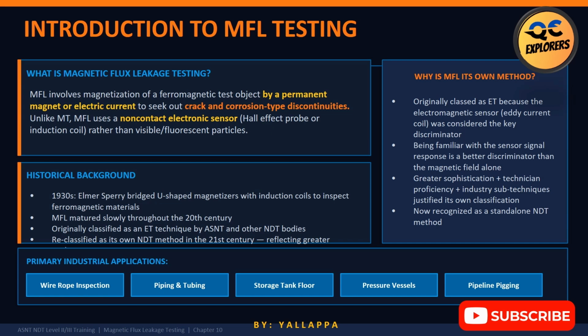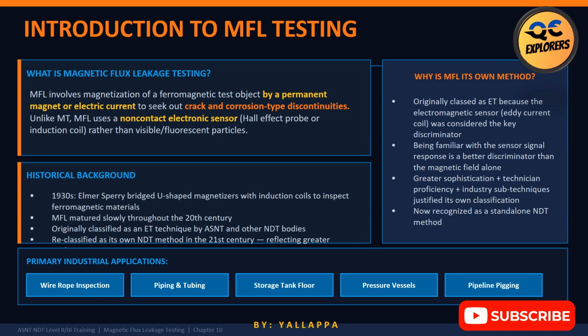Now a very important historical point. MFL was pioneered in the 1930s by Elmer Sperry. This question appears repeatedly in certification exams. Who pioneered early MFL? Answer. Elmer Sperry. Another major exam trap. MFL was originally classified under A. MT, B. UT, C. ET, D. RT.